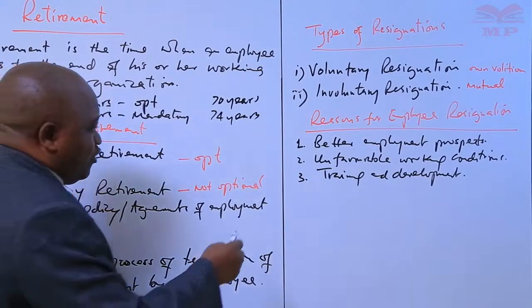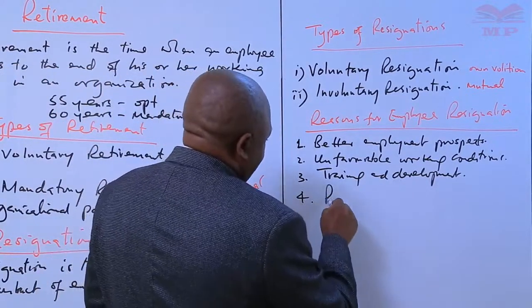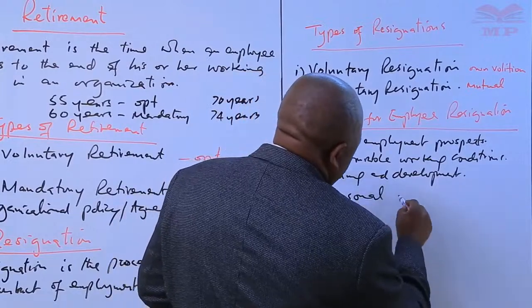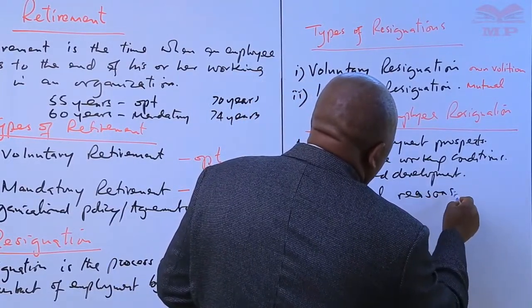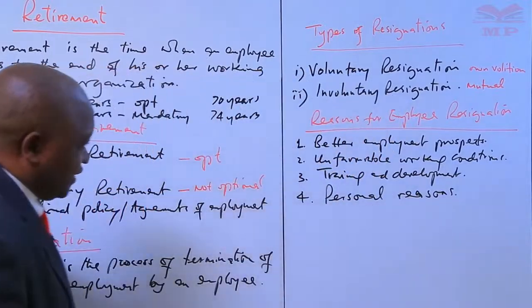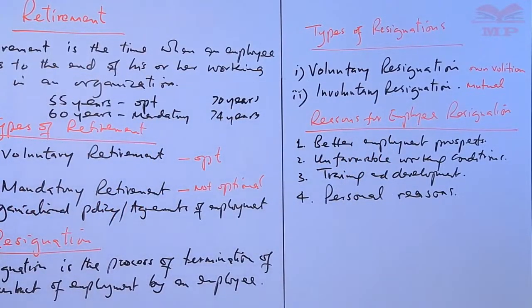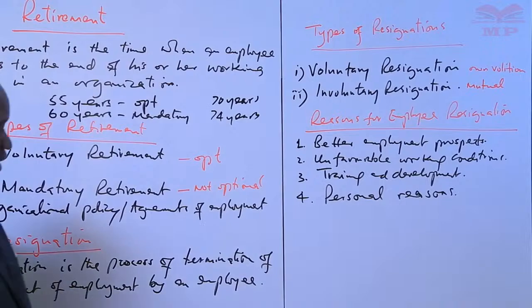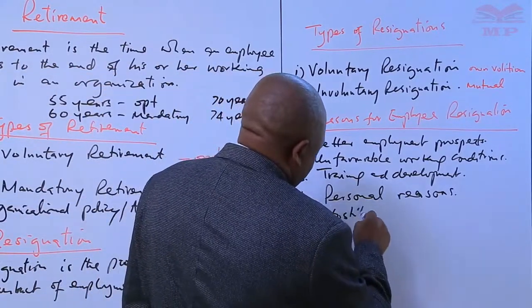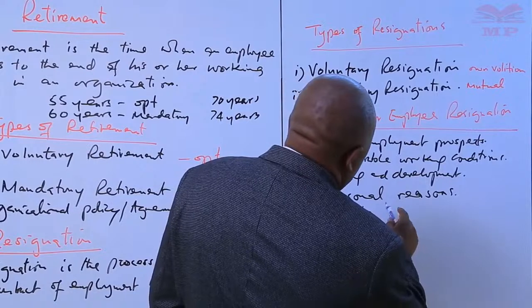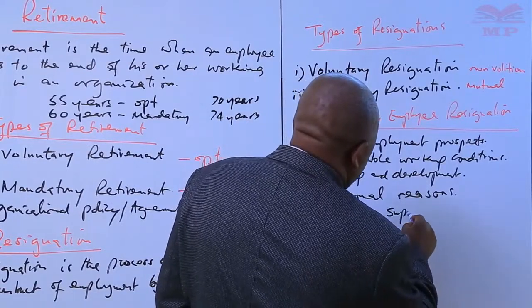There are also personal reasons. An employee may argue that for their own personal reasons, which may be confidential, they want to resign from a given working environment. And then number 5, hostile supervision.